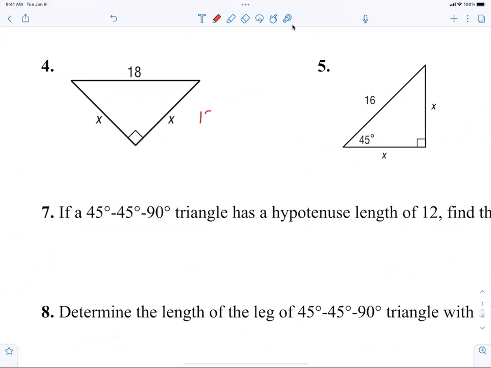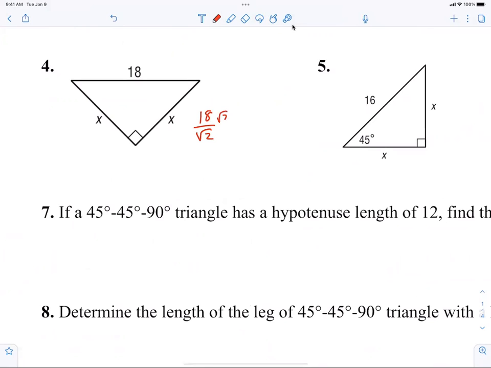Thank you, sir. 18 divided by radical 2. But are we allowed to have radical 2 in the denominator? No, so we have to rationalize from last year. Last year, we learned to rationalize the denominator. That means the denominator right now is irrational. Is everybody hearing me? So if I want to change it from irrational to rational, I multiply the top and bottom by what?